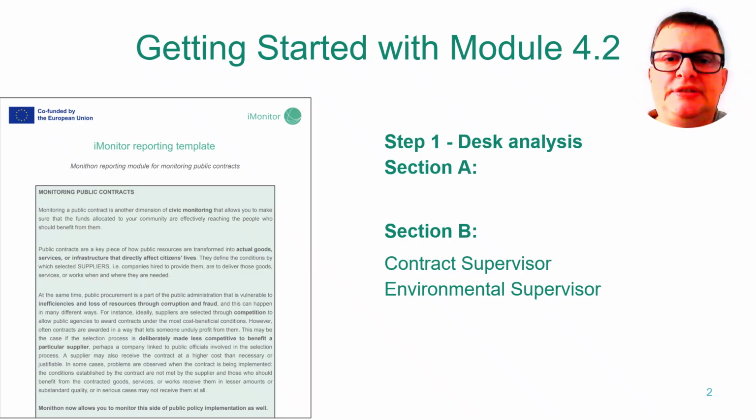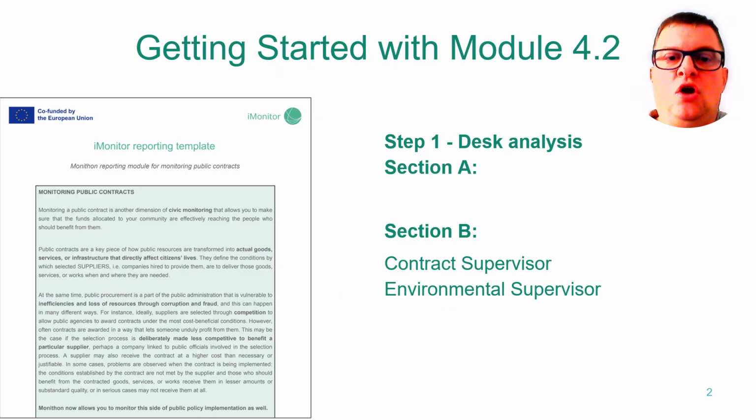This webinar is designed to guide you through the monitoring process in a clear and structured way. It follows the same logic as the report for monitoring projects. The reporting template is divided into 3 steps. Step 1 is the desk analysis. This is where you review the contract information and spot potential corruption risks.